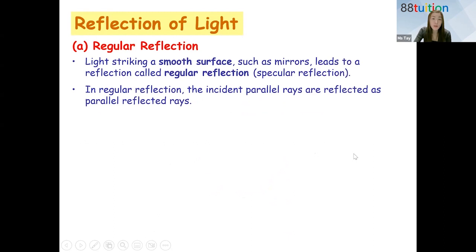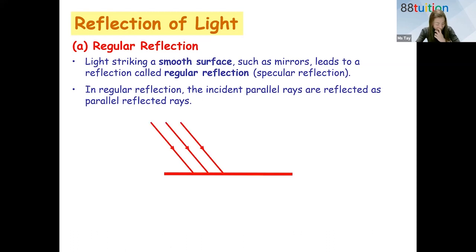When light strikes a smooth surface, such as a mirror, it leads to a reflection called regular reflection. Sometimes you hear a video saying specular reflection. Certain books say this as well. They are the same thing. It's just regular reflection. You are going to see that the parallel rays that come in, we call them the incident rays.